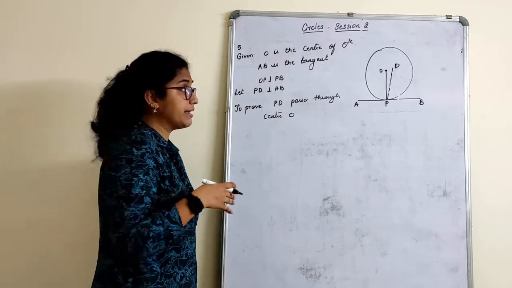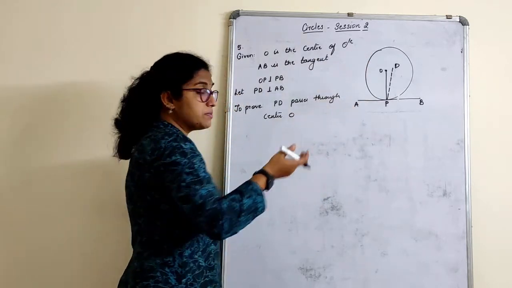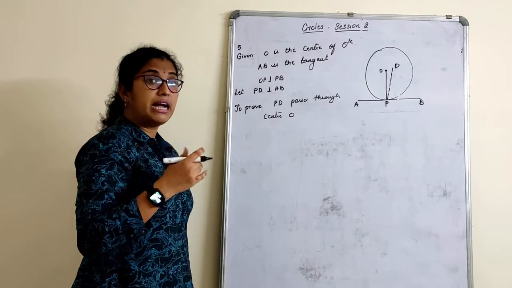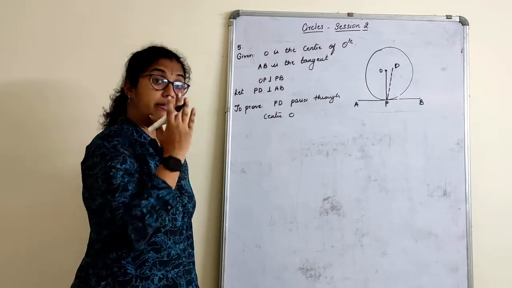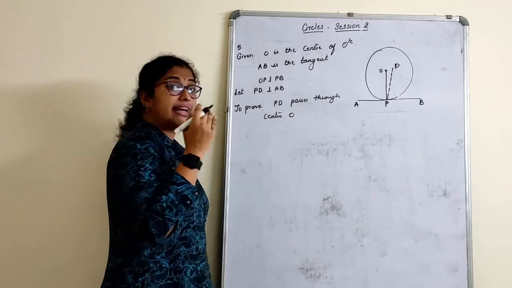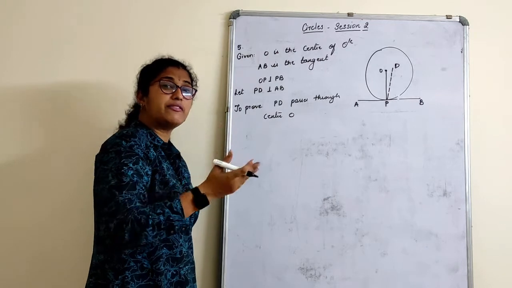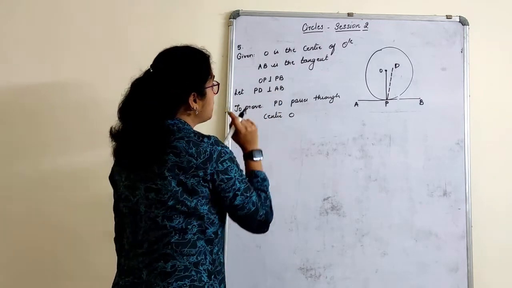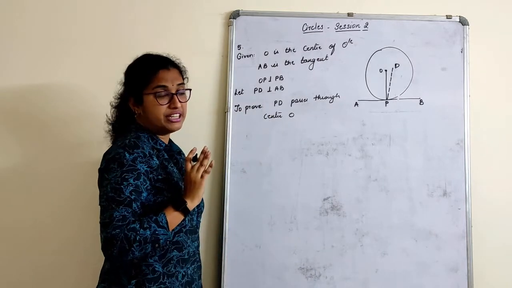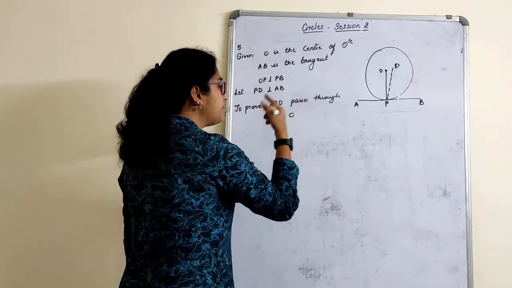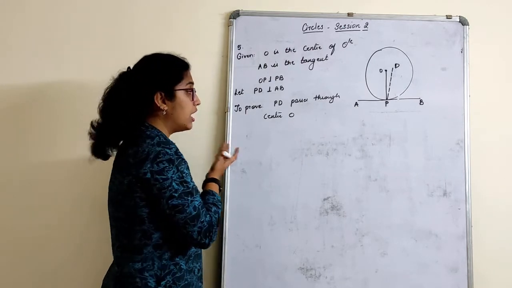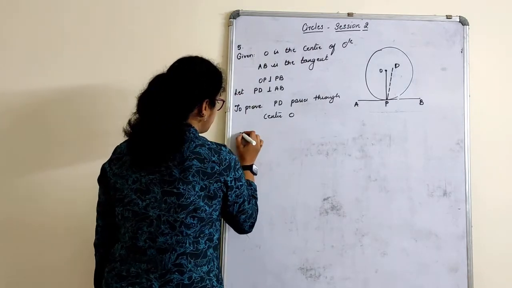Apart from the perpendicular, we already know that OP is perpendicular to the tangent, by the tangent radius theorem. Apart from that, there exists one more perpendicular according to the statement here, and that perpendicular is the one which passes through the center. So let PD be perpendicular to AB. To prove PD passes through center O. How is it possible? Let us see that in the proof.